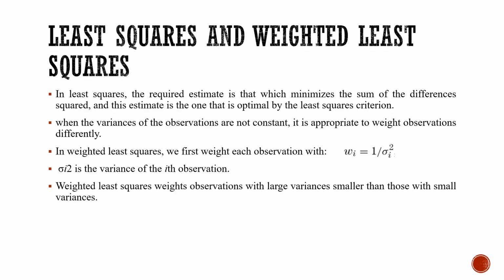For this, we use the weight inverse, 1 divided by the error of the observation. With the weighted least squares approach, the observations that have large variances will get higher weights and therefore be less influential on the model, while the observations with the small variances will have higher impacts on the model.